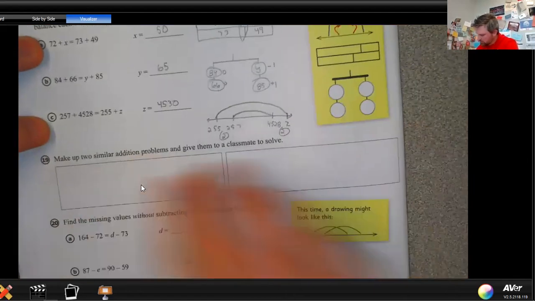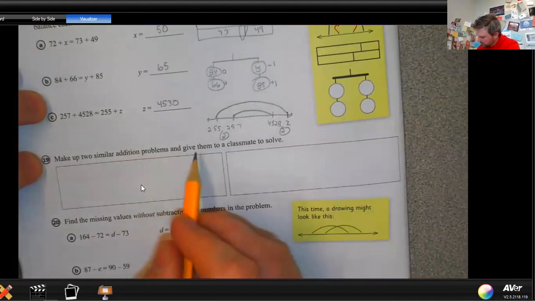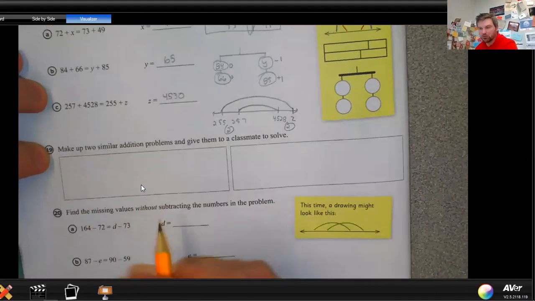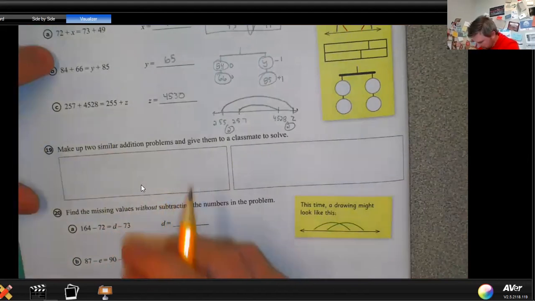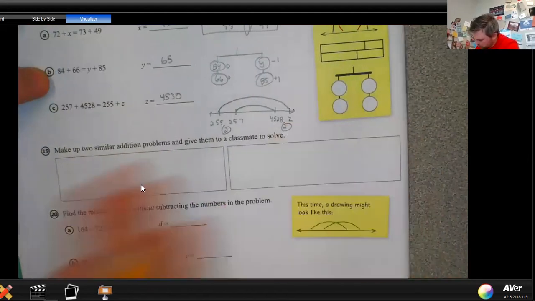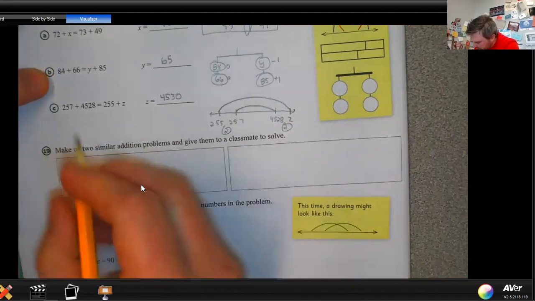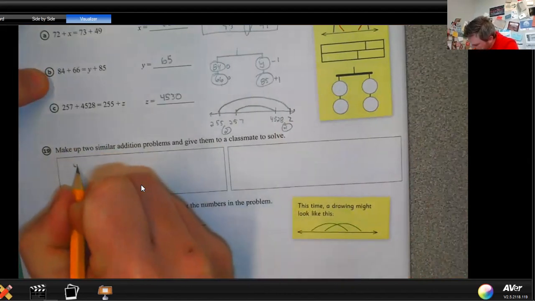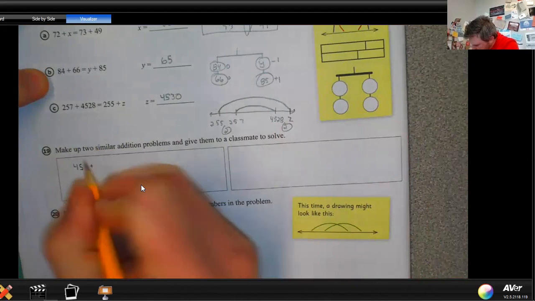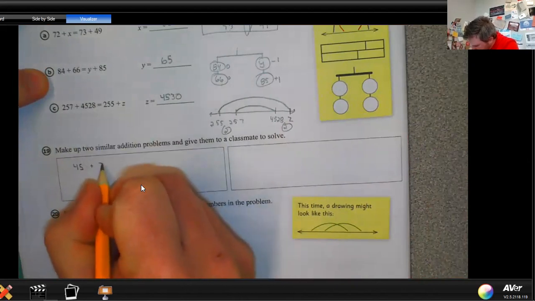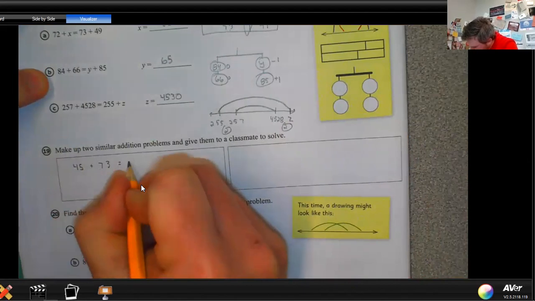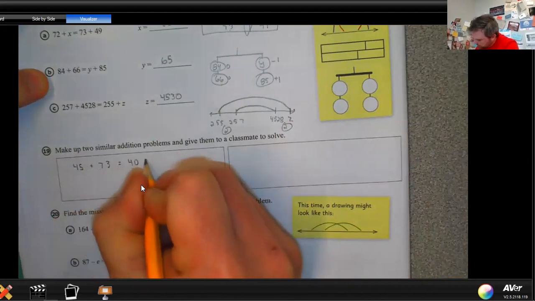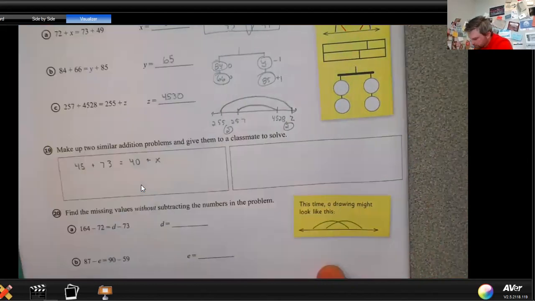Okay, make up 2 similar addition problems and give them to a classmate to solve. So I will give you these 2, and you can pause the video and see if you can solve them. So let's look at 45 plus 73 equals 40 plus x. Okay, there's one.